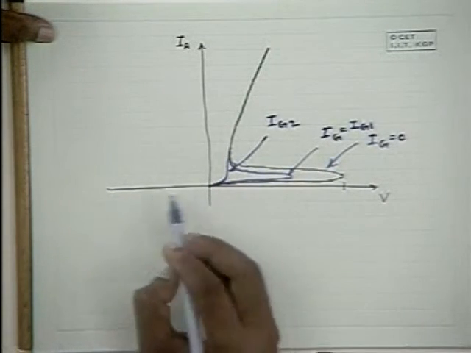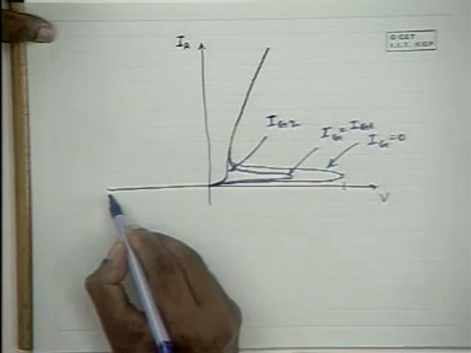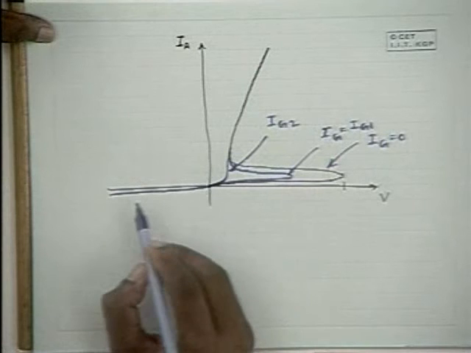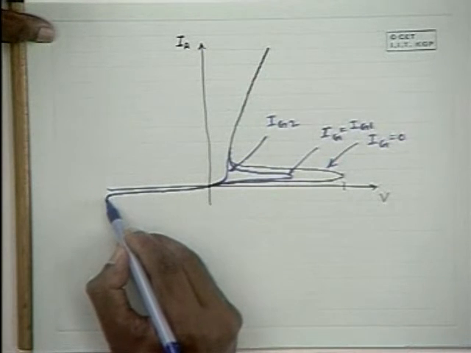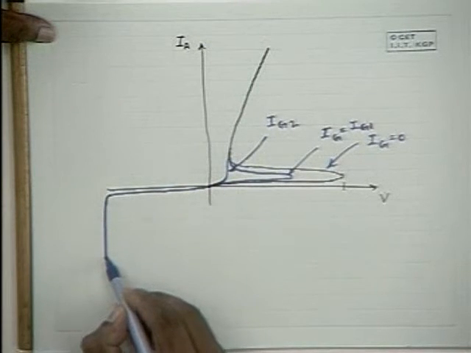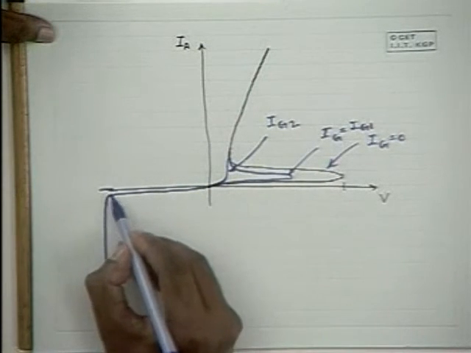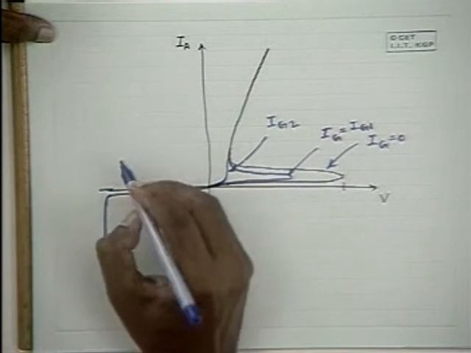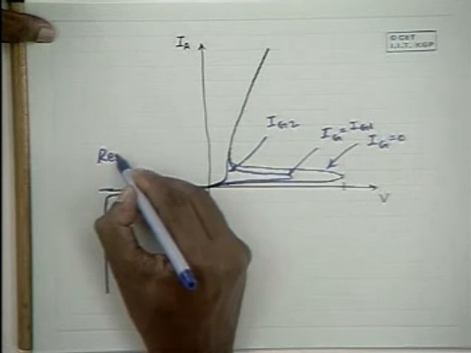Now in the reverse direction, it acts like a reverse biased PN diode, and an avalanche breakdown occurs at a certain breakdown potential, and the reverse current increases.